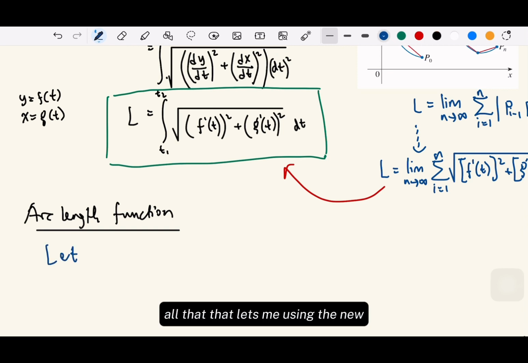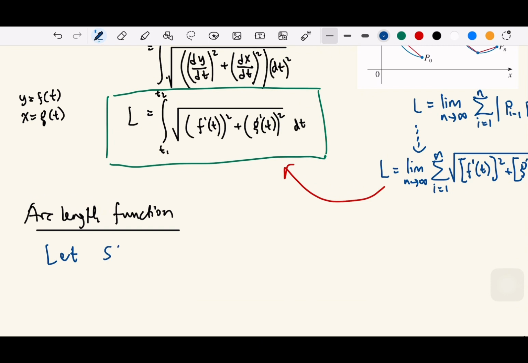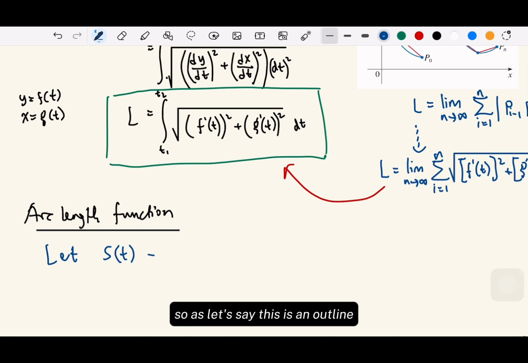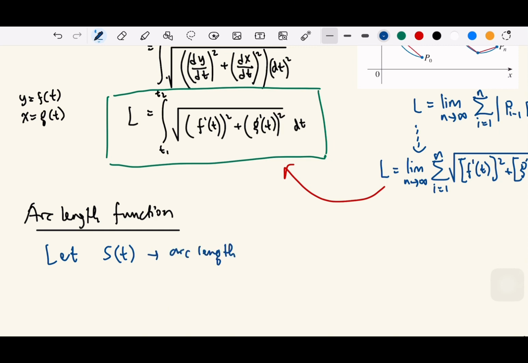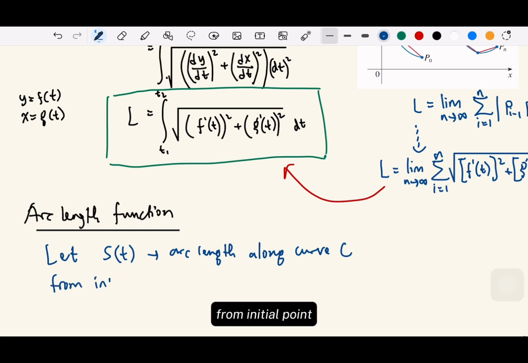Let's use a new variable. So let's say this is an arc length along the curve C from the initial point.